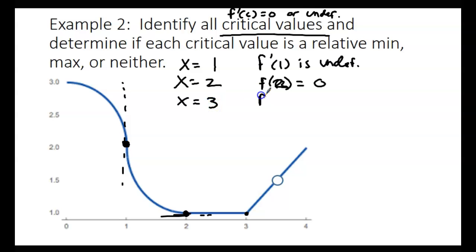That's a critical value because what's f prime of 3? It's undefined, because it's a cusp. It's a sharp turn. To the left, the slope is 0, but to the right, it's positive. And then I would say that x equals 3.5 is also one.